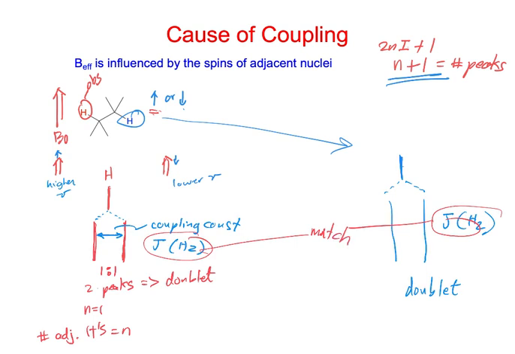Both protons that are coupling to each other have the same coupling constant, at least within experimental error. And we can talk about a reason why they don't always match exactly if you measure them. We'll go through some more complicated coupling later, but that's where we're at for now.